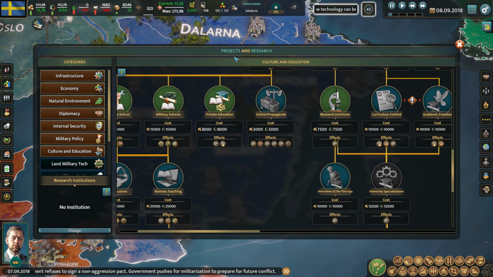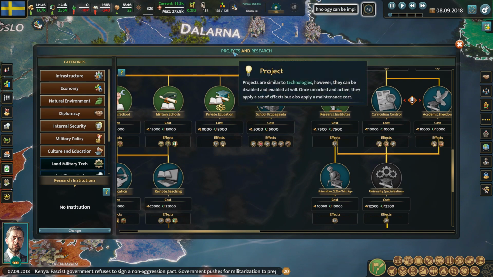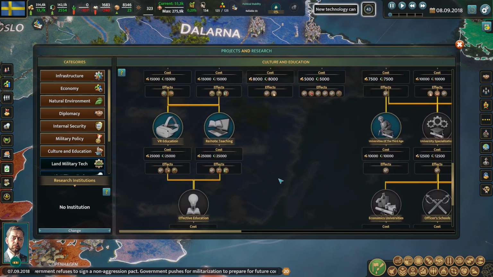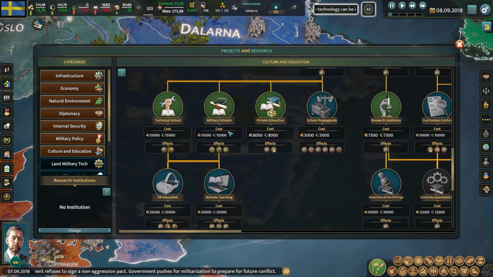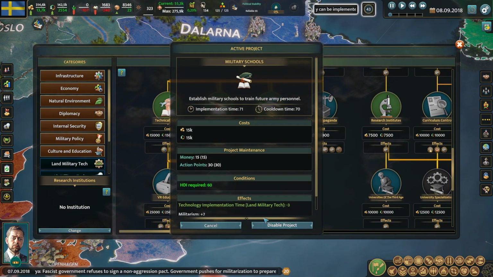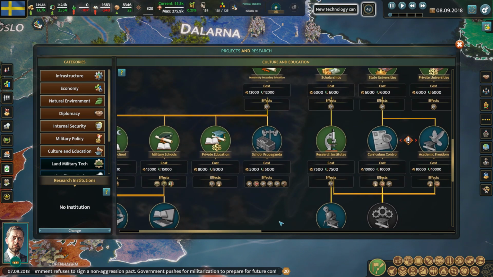You also pay, as you can see, in resources. There is a maintenance cost that can balloon up significantly. So if you just go into it pell-mell, you will fail. Your projects will cancel themselves because you will not have enough HDI, which is something you can also do, disable a project. And you will lose the bonuses.